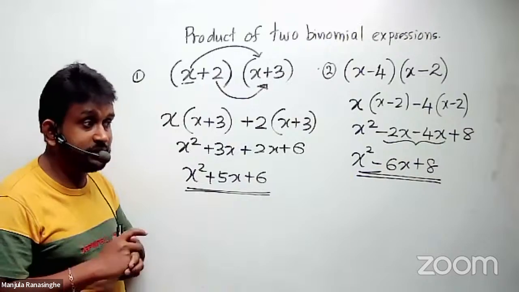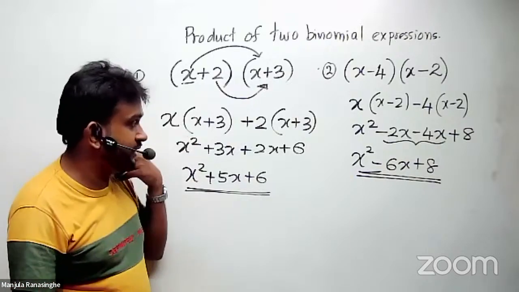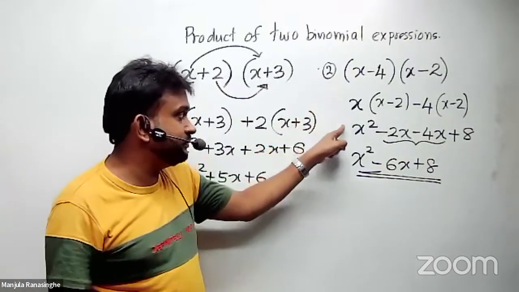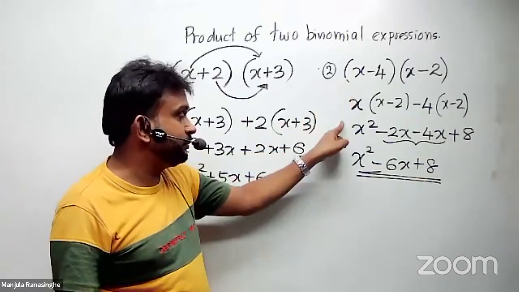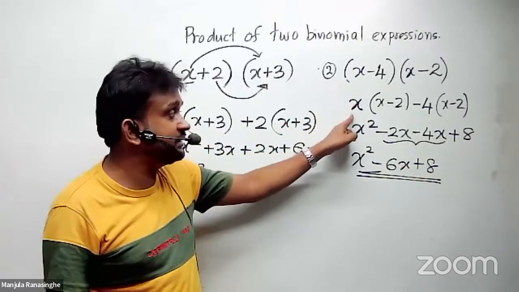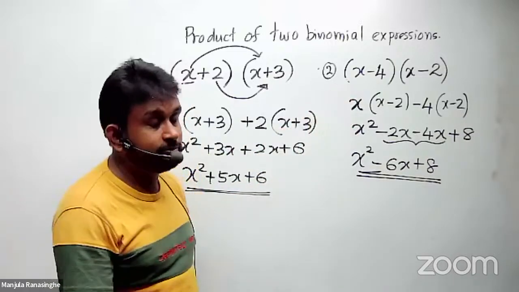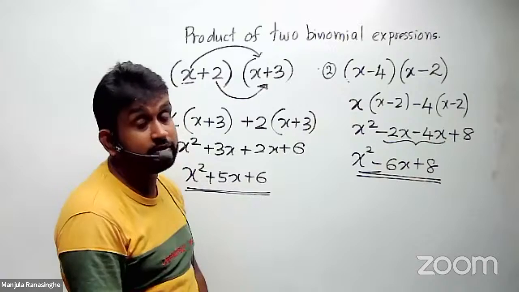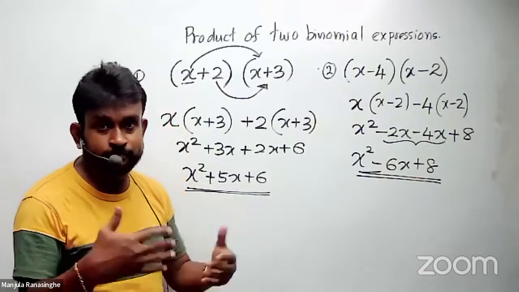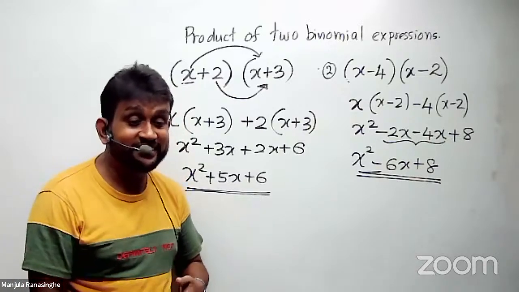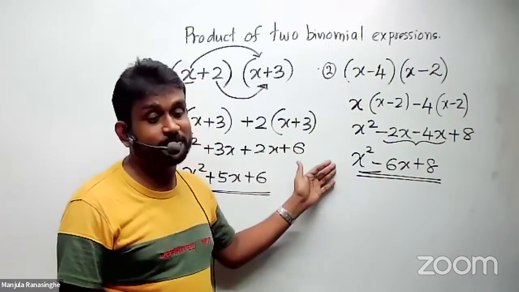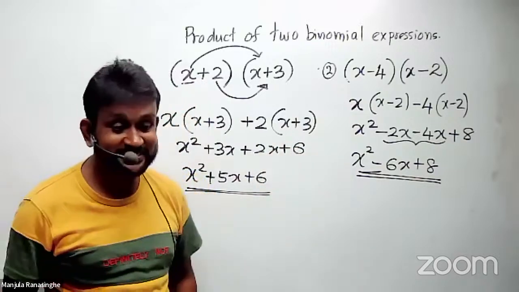Then I will show you the easiest way. We can take the answer directly, skipping this step. At grade level we are dealing with this method, and when we are dealing with A level mathematics, we can directly take the answer by looking at the expressions.